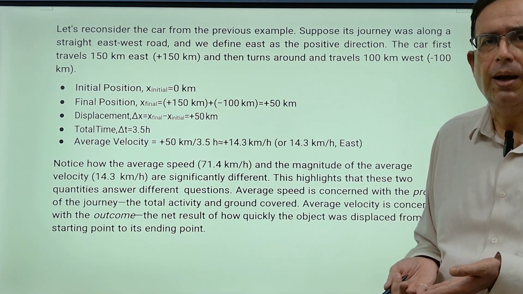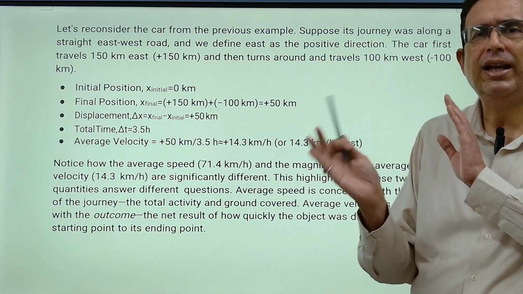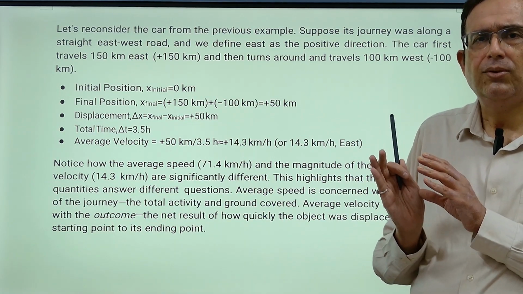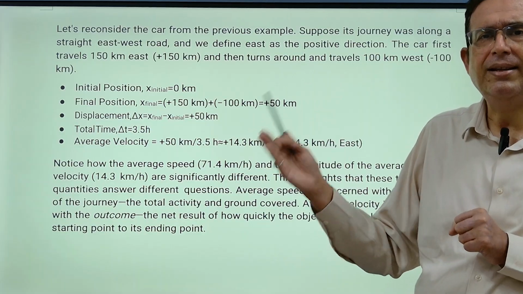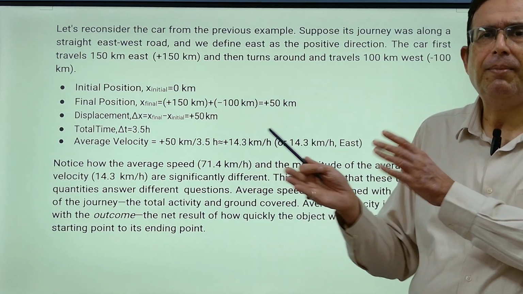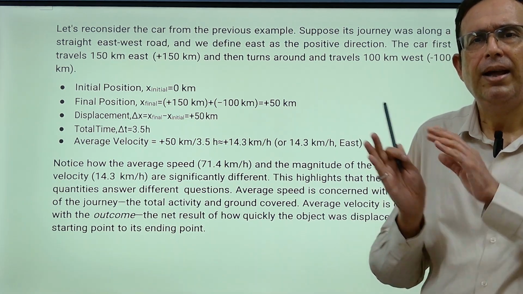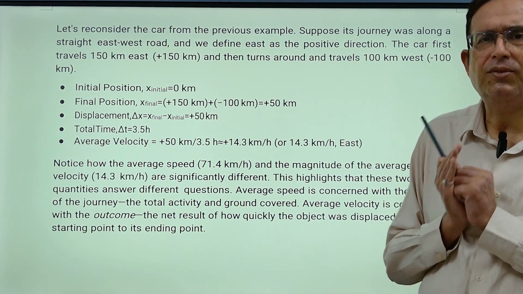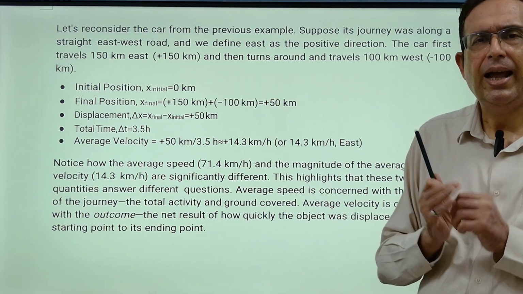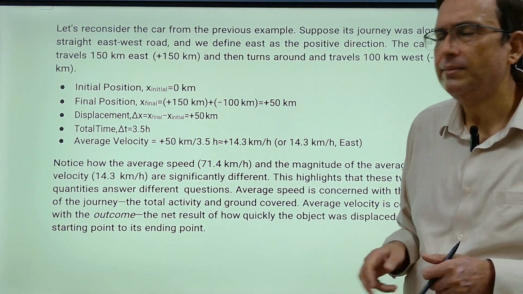What was the total outcome? The object started somewhere and ended somewhere. So the final position minus the initial position is taken as the displacement, and then the total outcome is divided by the total time that it has taken, and you divide the two to get the average velocity.